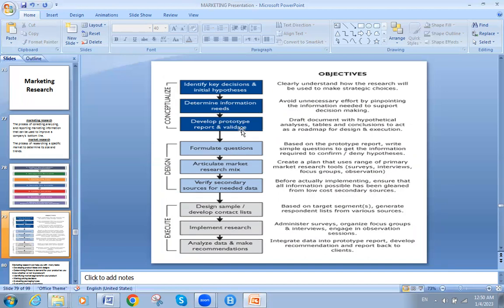The prototype is a kind of product or a kind of exploring or guessing how we'll solve the problem. Then designing: formulate the questions, articulate the market research mix, verify secondary sources for needed data. The last one is to execute, to move into action.